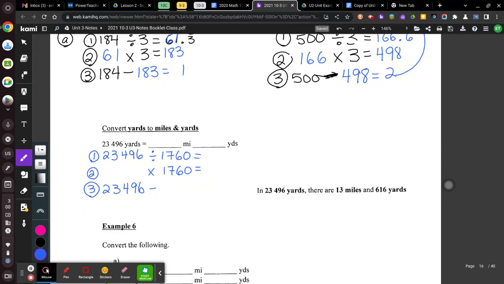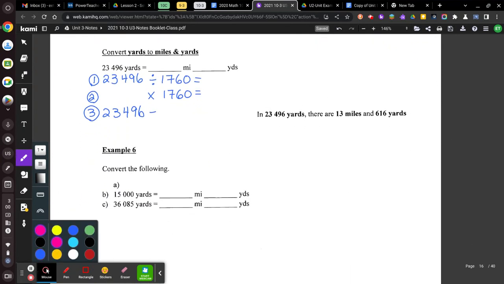So now we actually do the question. So I do my dividing. I'm going to get 13.35. The number I want is the 13. That's the number that goes to step 2. I do my multiplying.